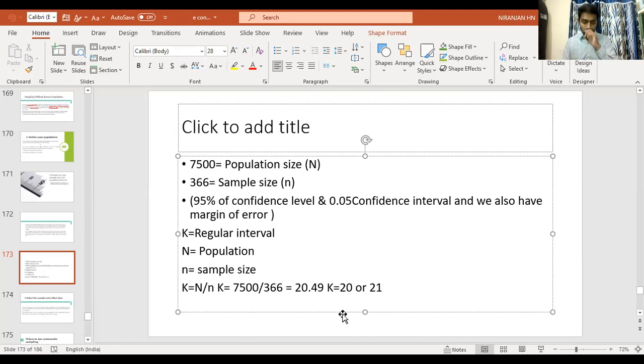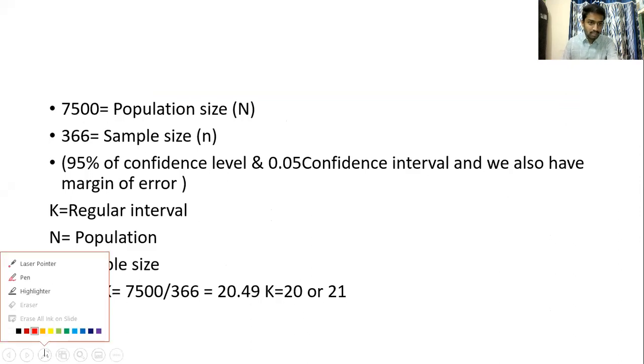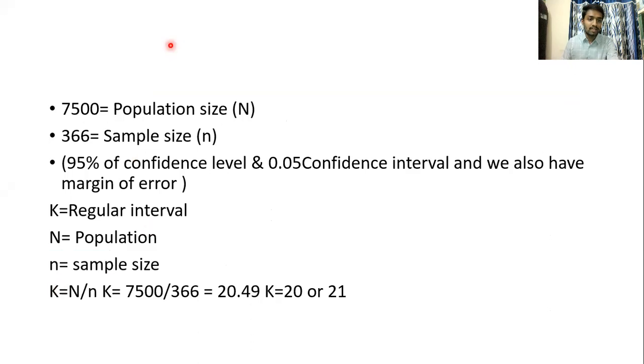Okay, so this was an example. I'll brief you once again. Here we have taken 7,500 as the total population in our survey. Out of that, we have chosen 366 as the sample size, based on a 95% confidence level, a 0.05 confidence interval, and the margin of error.